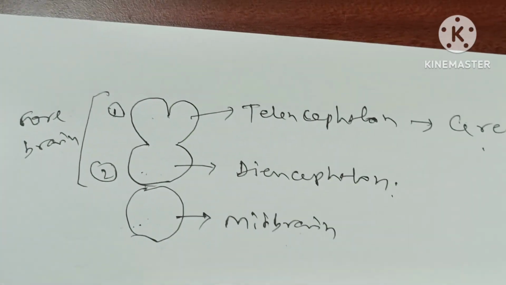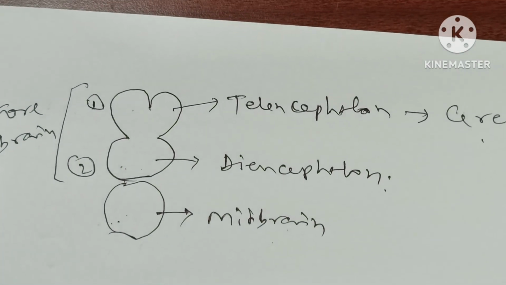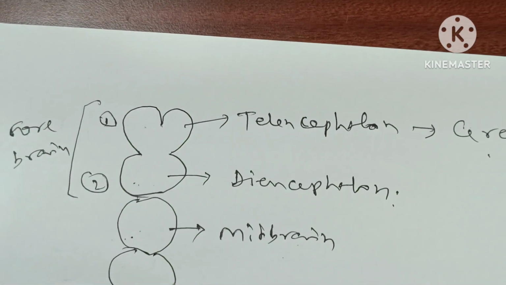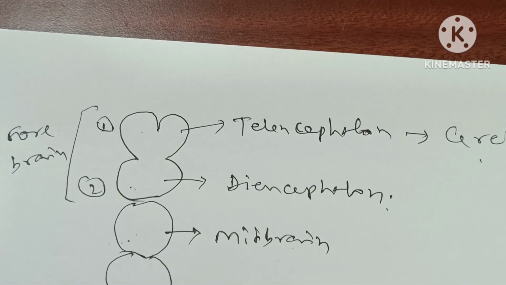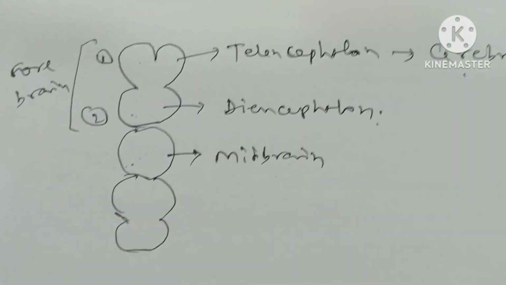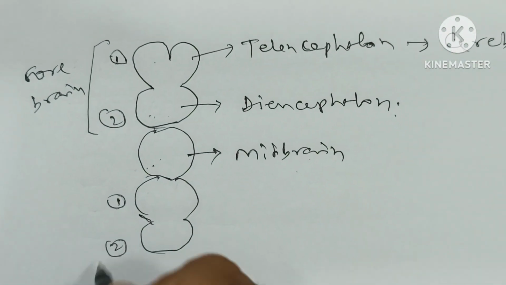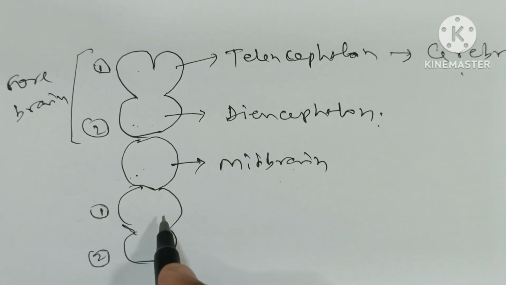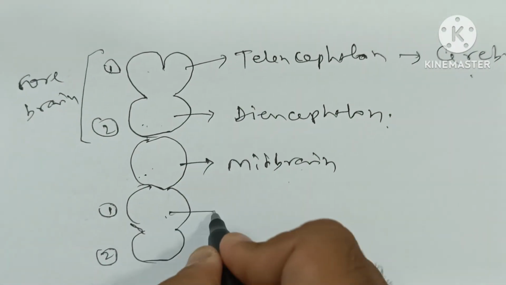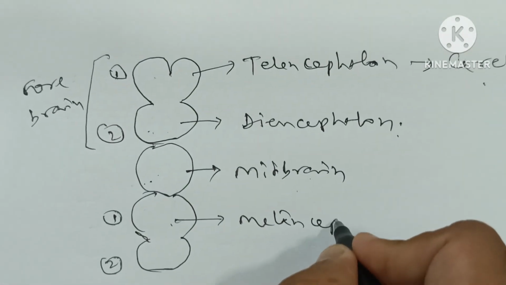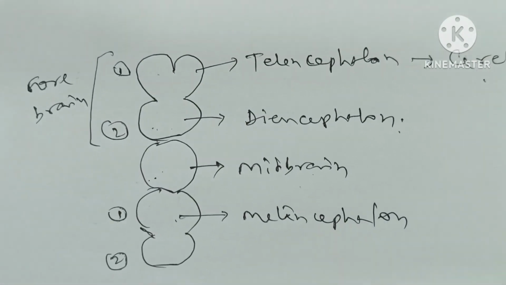Now the third primary brain vesicle, the rhombencephalon, again gets divided into two secondary brain vesicles. The first one is known as the metencephalon.